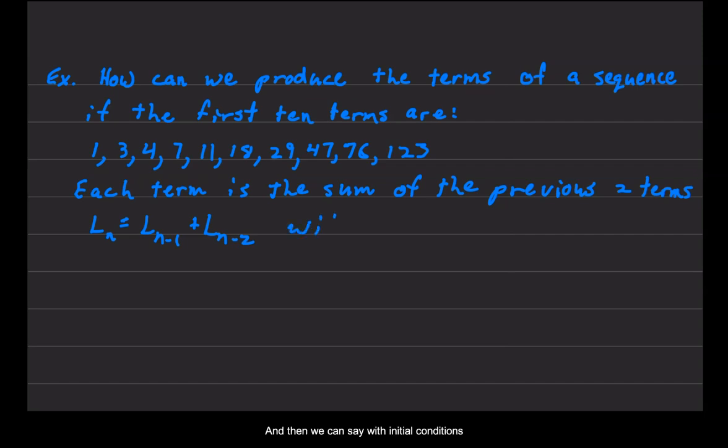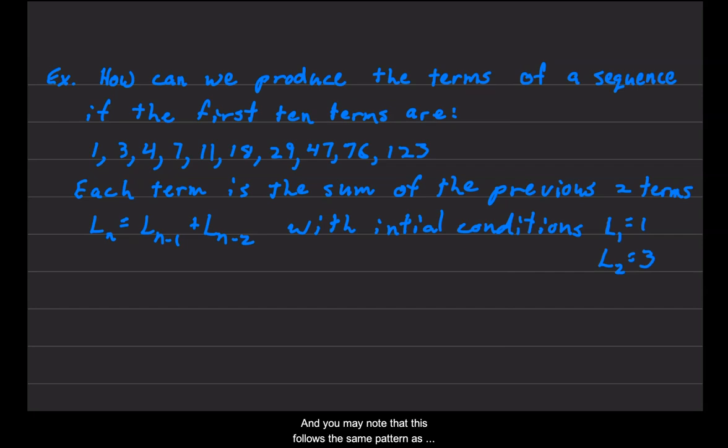And then we can say with initial conditions, L_1 is equal to 1 and L_2 is equal to 3. And you may note that this follows the same pattern as the Fibonacci sequence, only with different initial conditions.